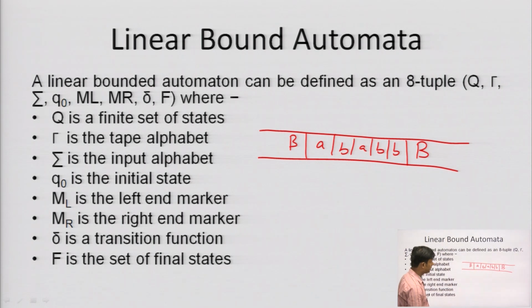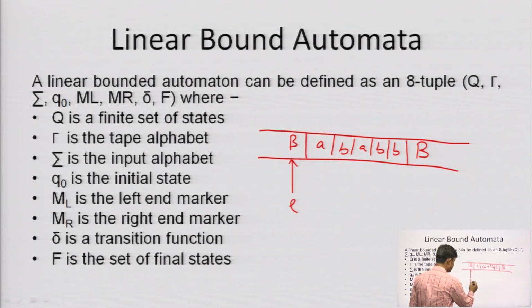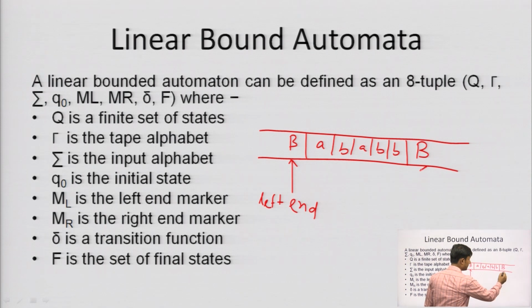So this linear bound automata is a Turing machine, but a different kind of Turing machine. In a standard Turing machine there is no tape limit. You can replace the blank with some input alphabet and go to infinity. But in a linear bound automata we have to fix both ends. So the tape ends should be fixed by the bound. This one is the left end, and this one is the right end.